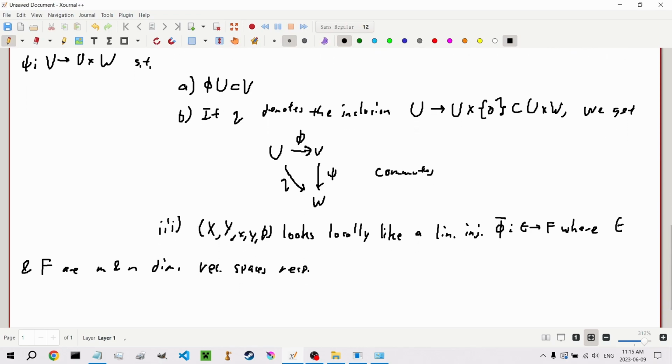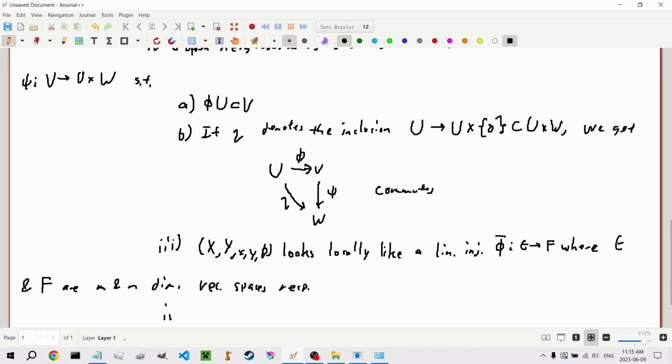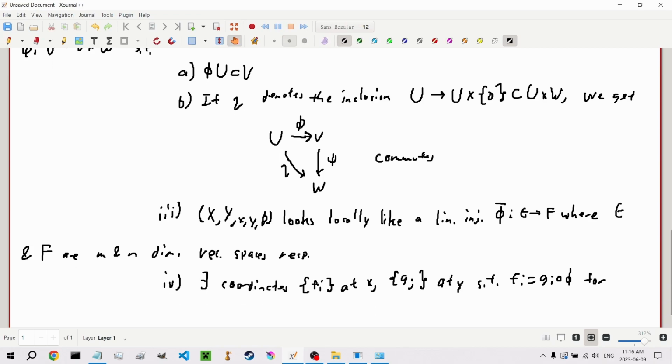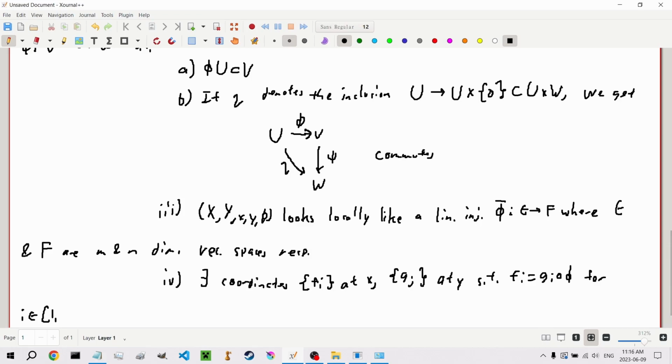Fourth, there exist coordinates F_i at x and G_j at y, such that F_i is equal to G_i composed with phi, for i in the range of 1 to m.